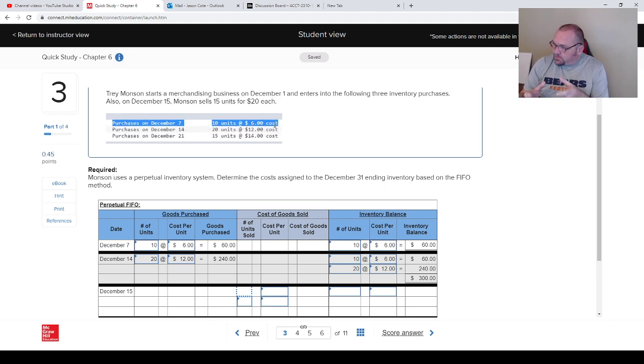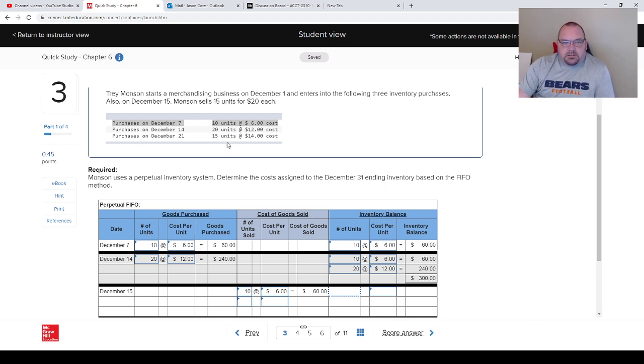But we can only use it for 10 items, okay? Because there's only 10 there. So the first 10 items removed from inventory will be the 10 units that were purchased on December 7th. The first ones that we put in, which was on December 7th, are the first ones that come out, okay? So all 10 of these will be taken out at a cost of $6 each, okay?